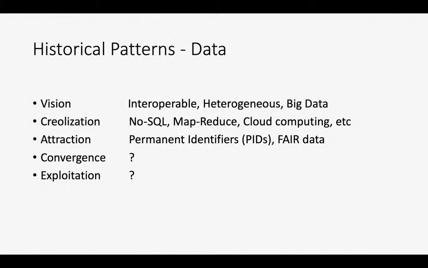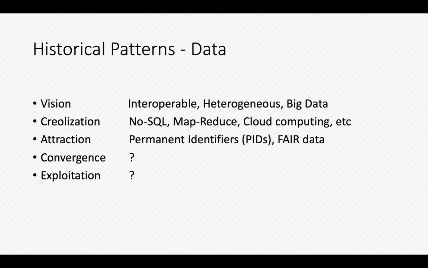The attraction, at least from what we see, is the FAIR data principles, which I think are pretty global, and then permanent identifiers or persistent identifiers, or PIDs, the most commonly known of which are DOIs that are attached to publications. Anybody who's published has probably seen a DOI, but a DOI is just one form of a persistent identifier or permanent identifier.